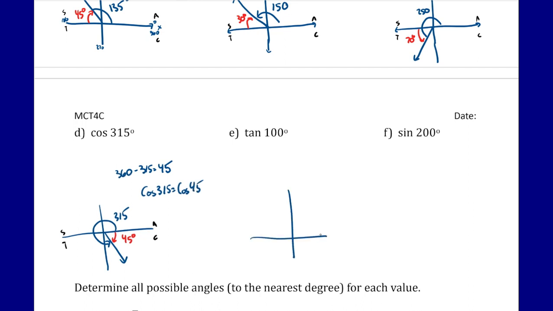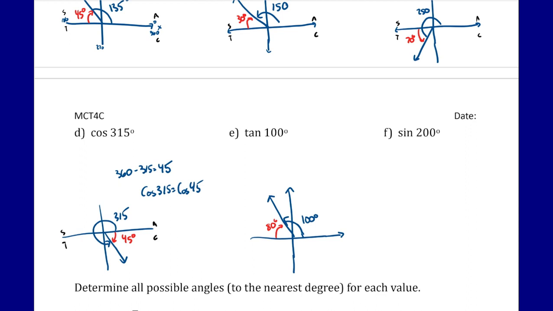Tan 100, let's go through. Tan 100 would be roughly here. We're always starting from the x-axis and going counterclockwise. So I have 100. The reference angle we would have is going to be 80. So a reference acute angle would be 80.